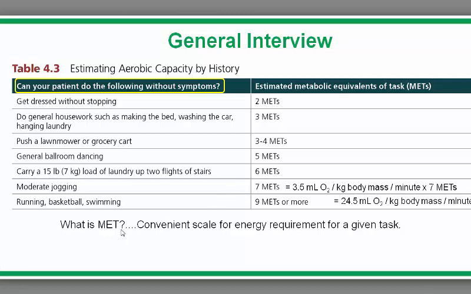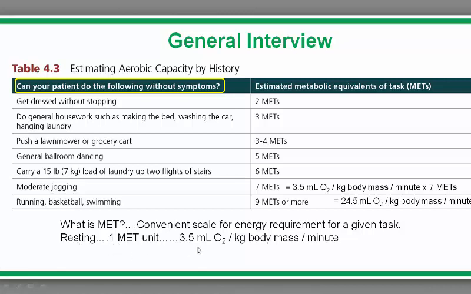A metabolic equivalent is, as I indicated, a convenience scale that estimates the energy requirement for a given task. One MET unit is what is typically assigned under resting conditions.